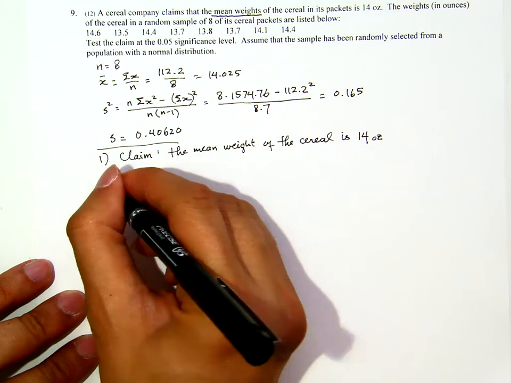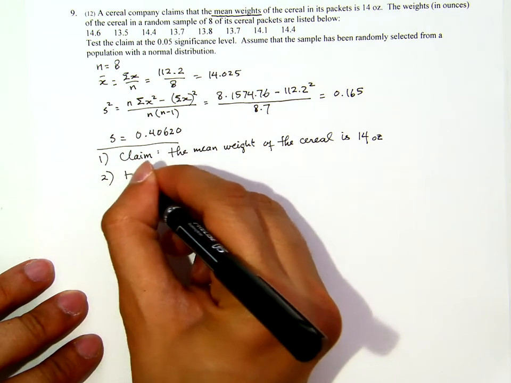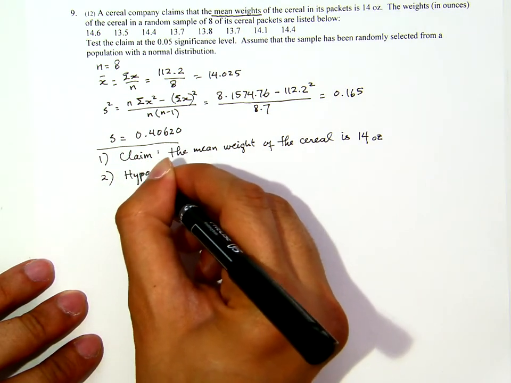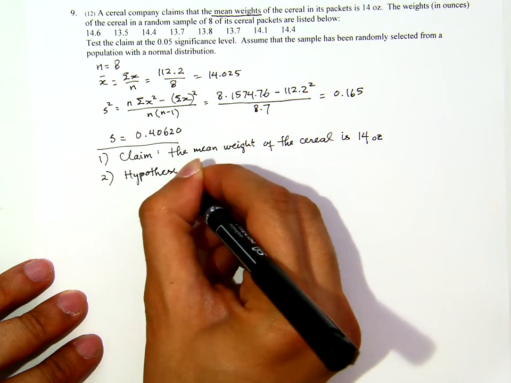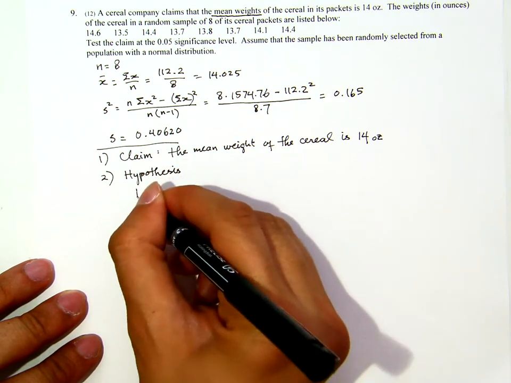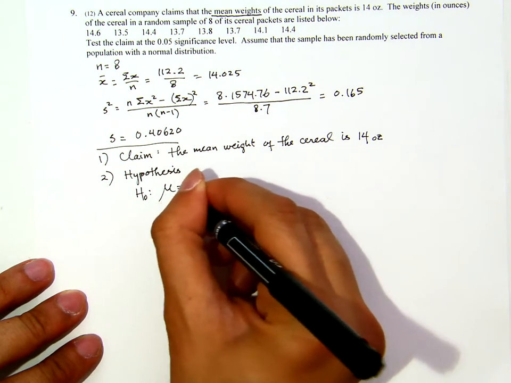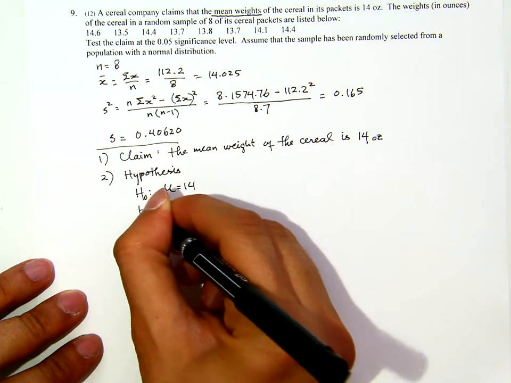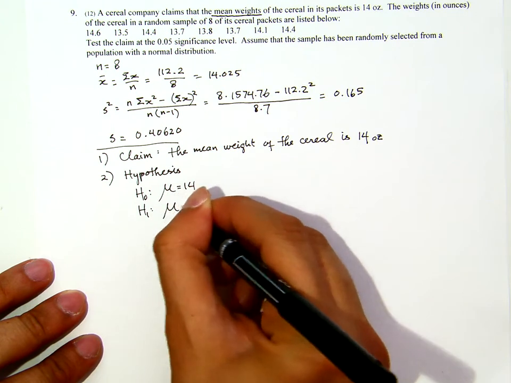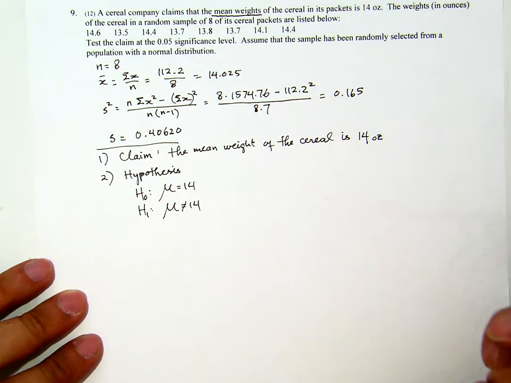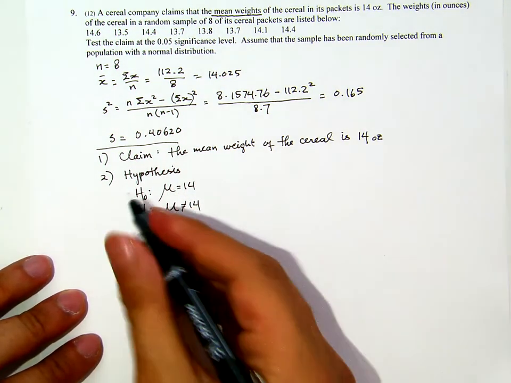Okay, the second step, the hypothesis. The null hypothesis is the one with the equal sign. The mean weight is 14, which means the alternate hypothesis is the mean weight is not 14. You will see later on, this is a two-tailed test.